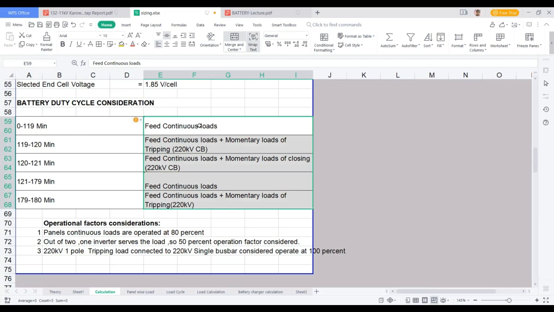So the continuous loads will be there from the 0th minute to the 180th minute, 3 hours. But in the 119th minute, there are some momentary loads required, which are tripping my breaker. That is the operation of my double bus bar protection.